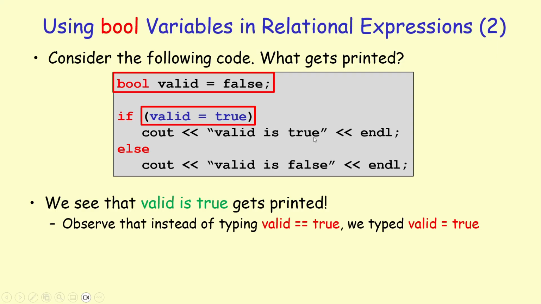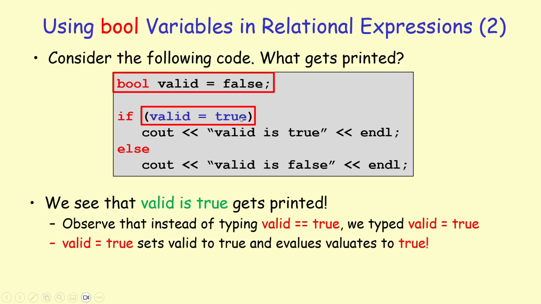It's again got to do with the programmer confusing the assignment operator with the equality check operator. So instead of saying valid is equal to true, the programmer typed valid is assigned true. So valid assigned true sets the value of valid to be true, which evaluates to true.